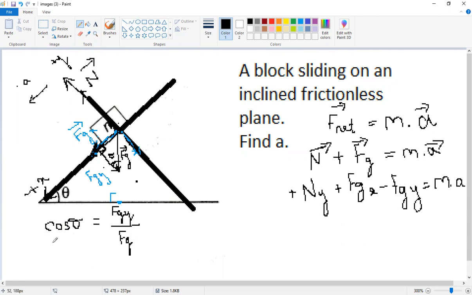And sine theta, what is the rule for sine theta? Sine theta is opposite over hypotenuse. You can check my video on the components of the vector.